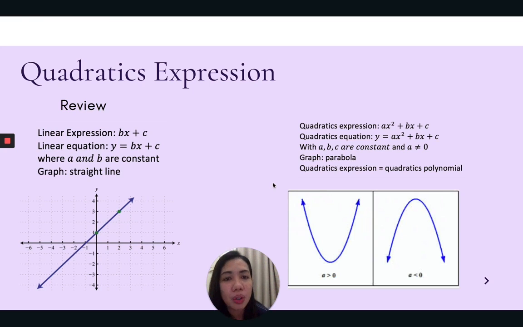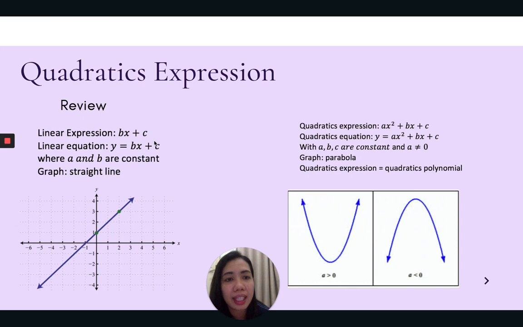Okay, now about a quadratic expression. What is a quadratic expression? Here you can see the standard form of a quadratic expression, which is ax squared plus bx plus c. It is simply adding ax squared to this linear expression.